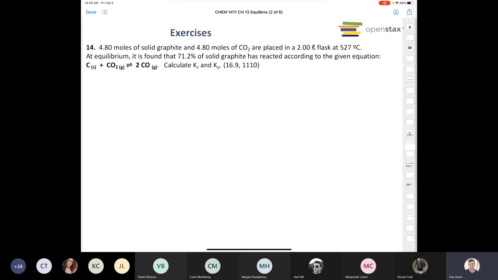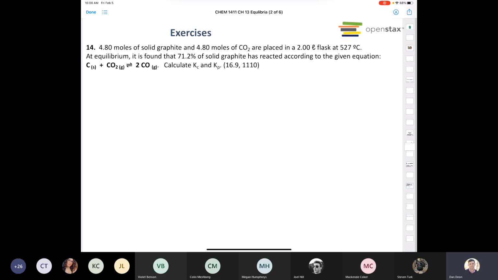At equilibrium, it is found that 71.2% of the solid graphite has reacted. So remember the last question said 85.9% remains. Here it's saying 71.2% has reacted, so 100 minus 71.2 is what remains. Anyhow, we have the equation, and it asks us to calculate Kc and Kp.